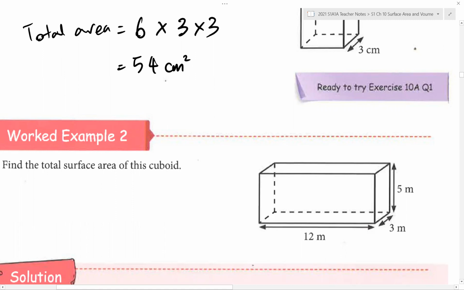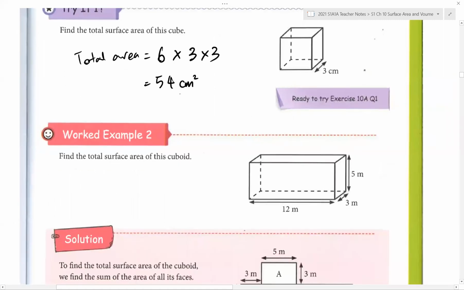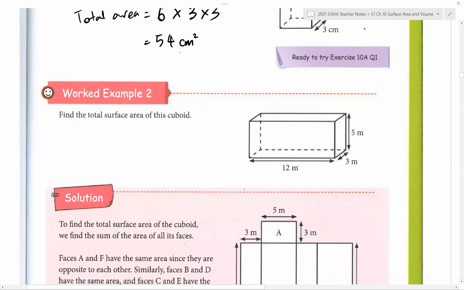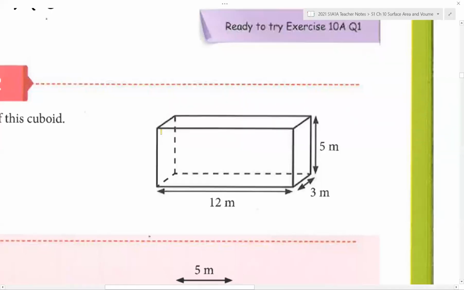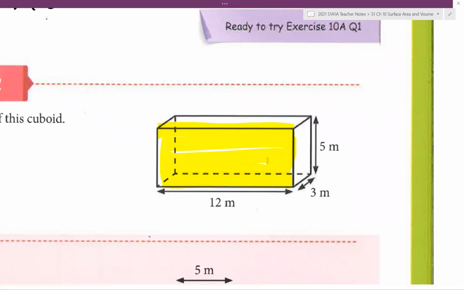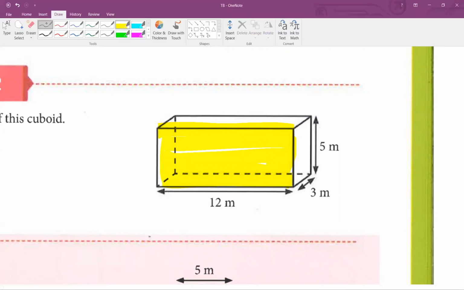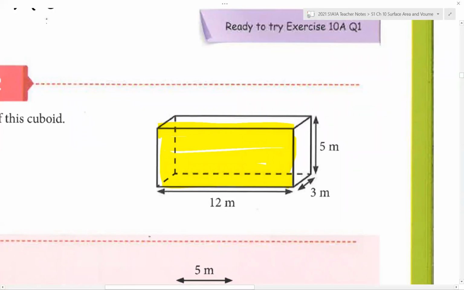Okay, so total surface area of this cuboid. This has distances 12, 3, and 5. Let's talk about the rectangle in front first. What is the area of this highlighted rectangle? Yellow color. 12 is the length, but what is the area? 5 times 12, right? 60.